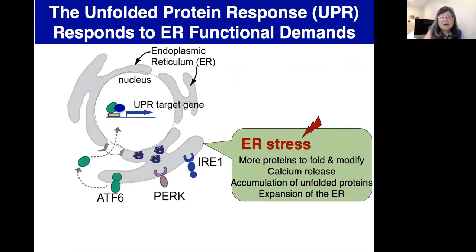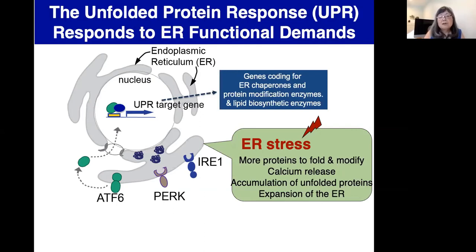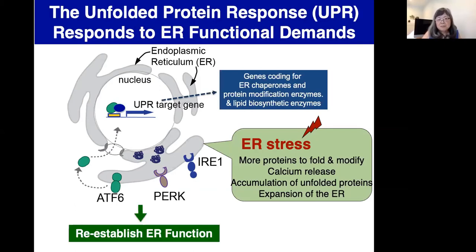I will talk about these components in a few minutes, but this activation leads to the induction of downstream signaling cascades. That allows, ultimately, transcriptional induction of genes coding for ER chaperones, protein folding or modification enzymes, and lipid biosynthetic or metabolic genes. Together, this allows the re-establishment of ER homeostasis.